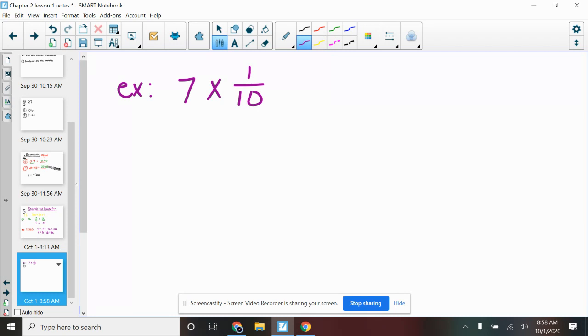You get 7 tenths. Okay, so what do we get when we multiply these two things together, everybody? 7 tenths. We get 7/10. Now, some people in here might be going, how did they do that so fast? Well, let me show you how it looks. If I take this whole number 7 and I put it over a 1, I did not change the value of that 7. It's still 7.